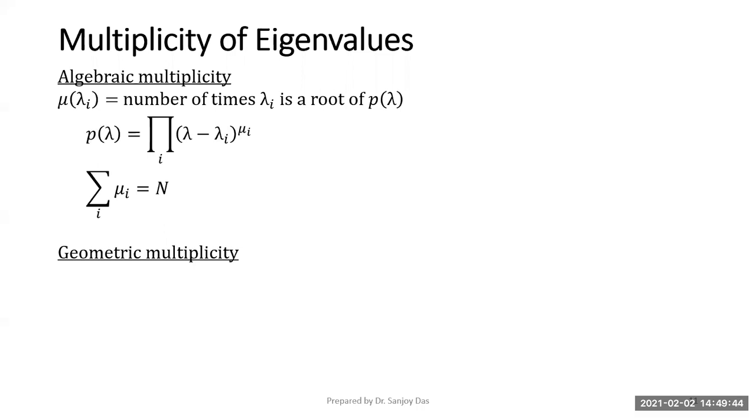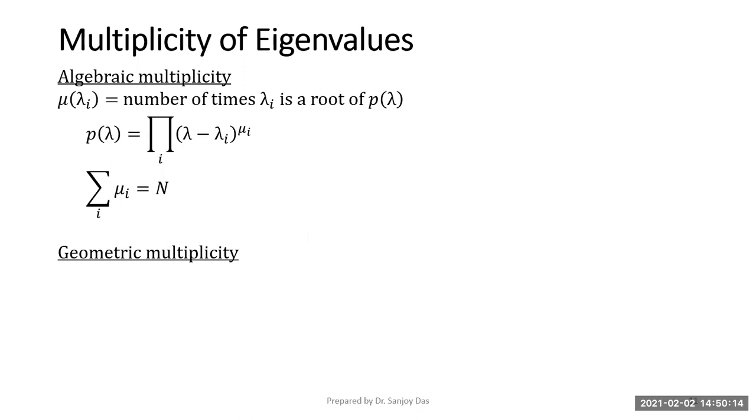Geometric multiplicity. Now, suppose we have multiple occurrences of an eigenvalue lambda i, so that its algebraic multiplicity is more than 1. We have to look at its eigenvectors. So we have the eigenvalue lambda i of certain multiplicity. It could have the same eigenvectors, or it could have different eigenvectors.